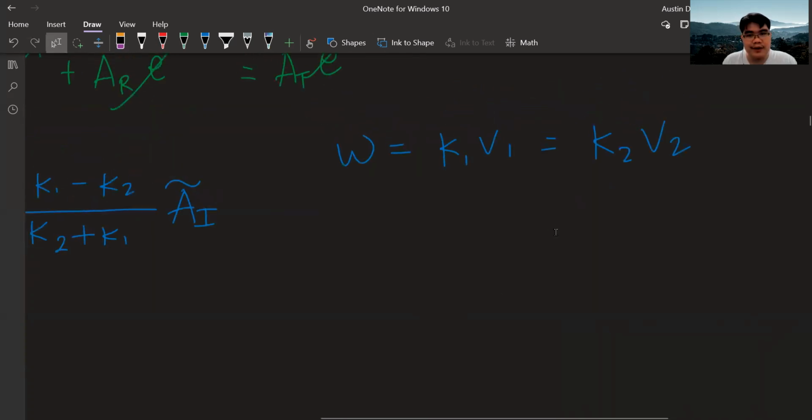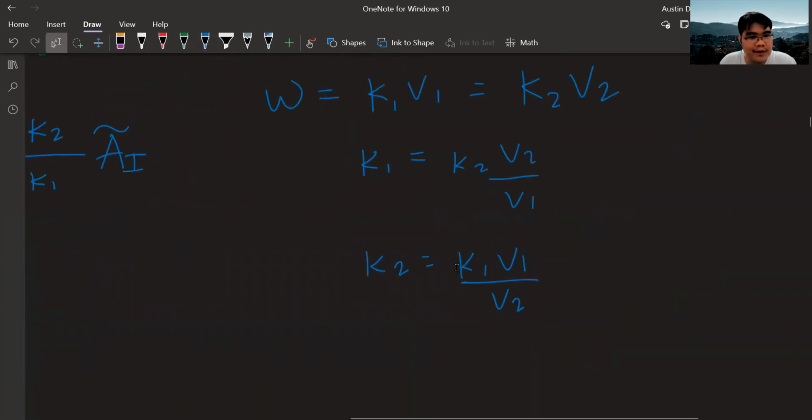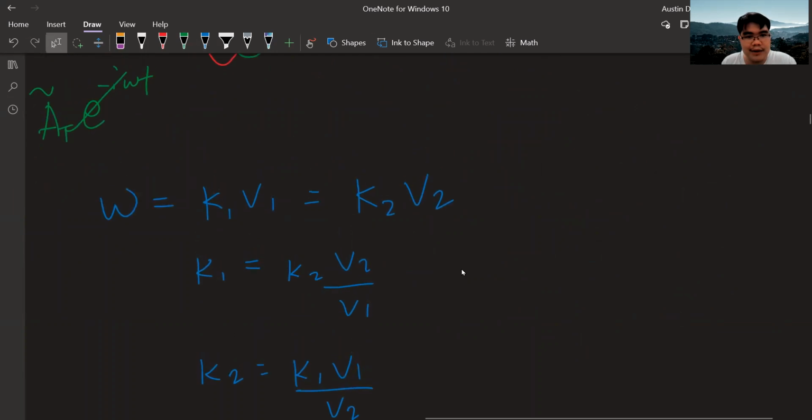Alright. So, from here, pwede mo nang kunin yung mga relation mo. K1 is just K2 V2 over V1. Then K2 is just K1 V1 over V2. Okay? Pangit gawin yun. So, gawin na lang natin na K1 over K2.